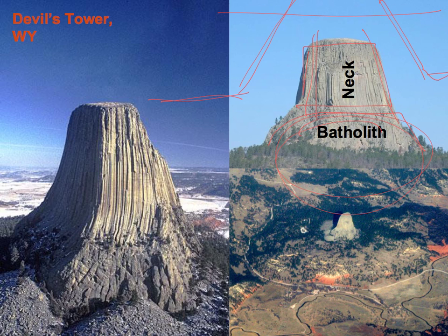When the heat basically got shut off on this system, the magma chamber and the conduit crystallized, forming this batholith and volcanic neck structure, and then all of the surrounding material eventually gets eroded away, leaving this stuff behind. So why is this stuff left behind as erosion is taking place? Again, very much more resistant to erosion.